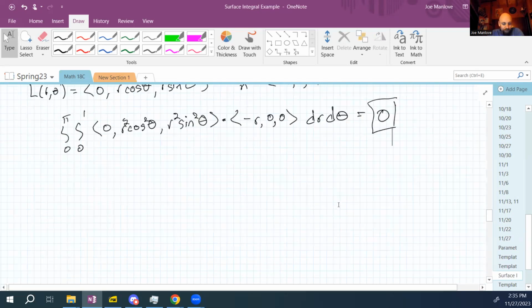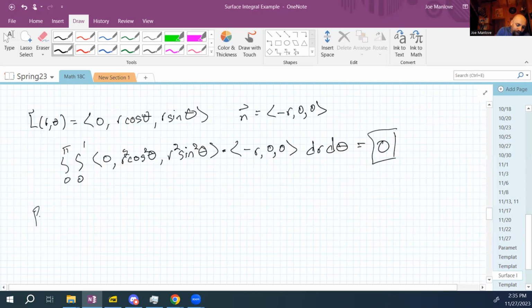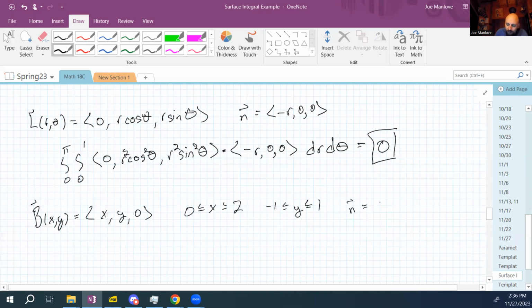Okay, cool. Guess I got to do bottom. So bottom was a function of x and y. And I guess that one was x and y and 0. And the bounds were from 0 smaller than x smaller than 2, and y's were from negative 1 to 1. And my normal vector was 0, 0, 1, I think.